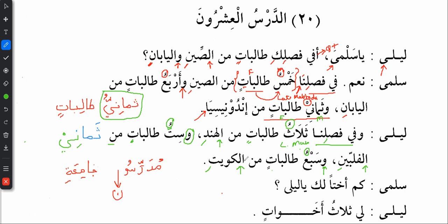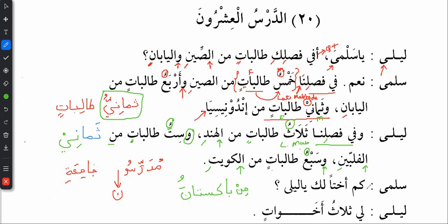If there is no lam tarif, for example Pakistan, min Pakistan, then it will be Pakistana. It cannot be min Pakistani. It will be Pakistana or Pakistanu. It can take only two harakas, never a kasra if there is no lam tarif. So these are the country name rules.